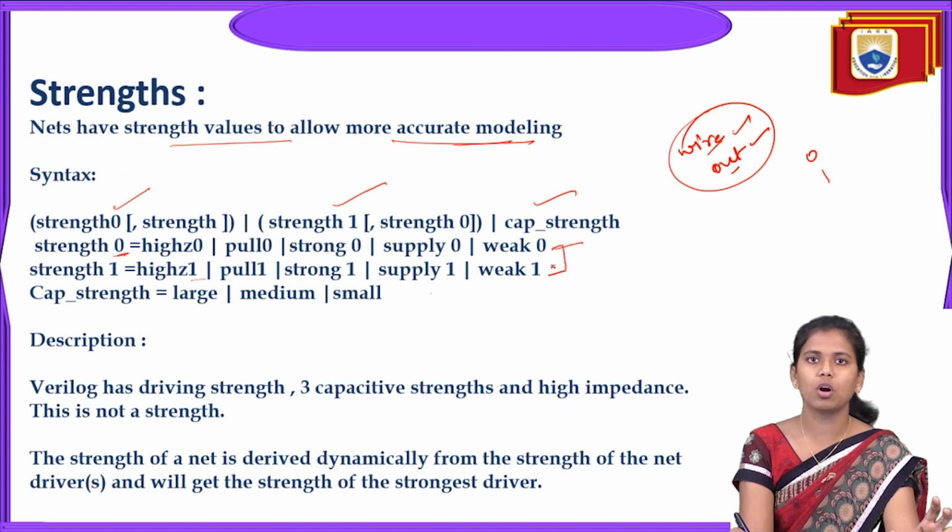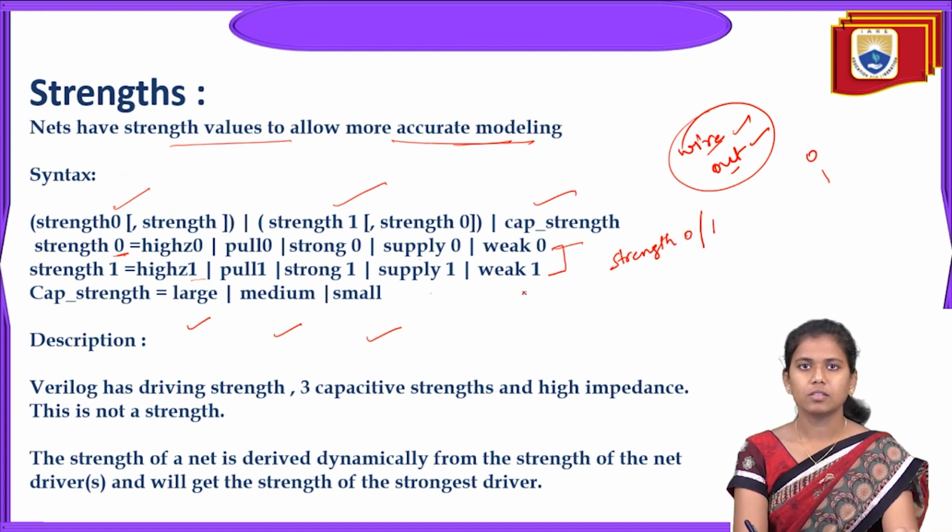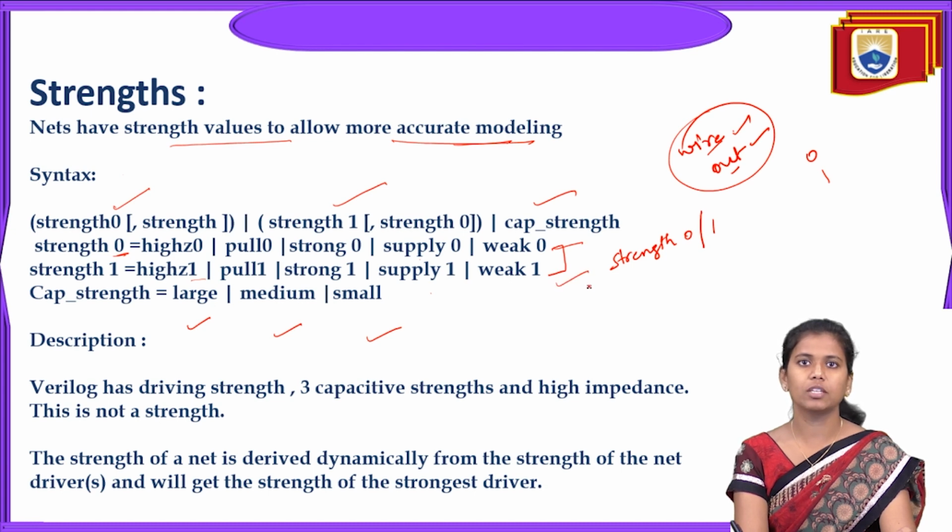So there is a small difference between strength 0 and strength 1. The only difference we can make out is that in strength 0, in all the aspects the value goes low, that is 0, and in strength 1, in all the aspects the value goes high, that is 1.